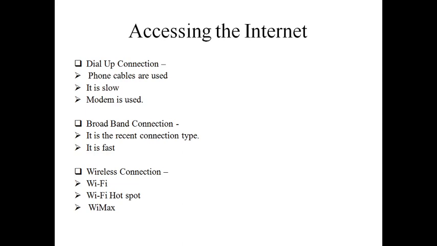Next one is wireless connection. As the name itself suggests, we do not need any wires to connect to the internet. It is of three types. They are Wi-Fi, Wi-Fi hotspot, WiMAX.